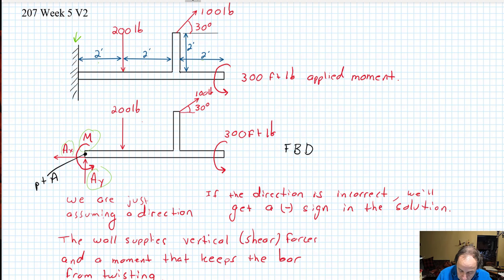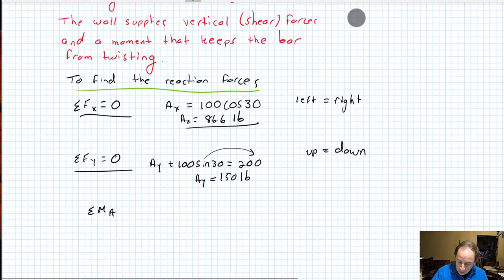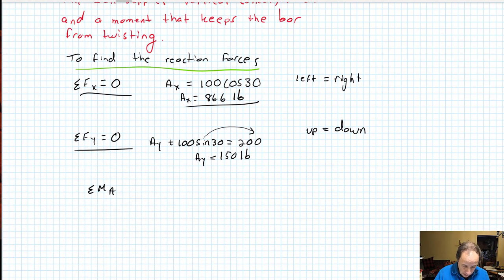We're taking the sum of the moments about point A. My AX vector is a little bit off here. Both the AX and the AY vector go through point A, so that means that they do not have a moment arm. Their moment arm is 0, so therefore they do not create a moment.